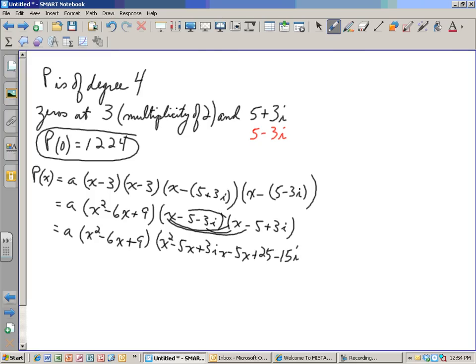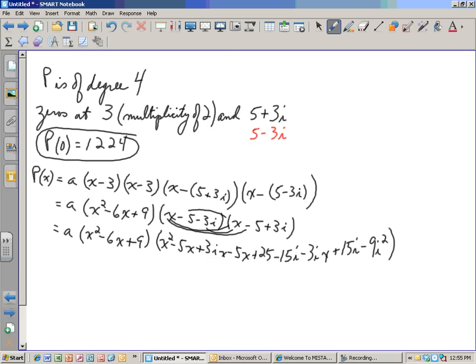Then negative 3i times x, negative 3i times negative 5, plus 15i, and negative 3i times a positive 3i, negative 9i squared, which is 9 plus 9.